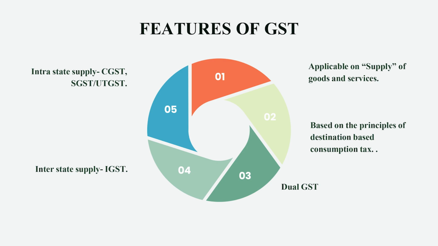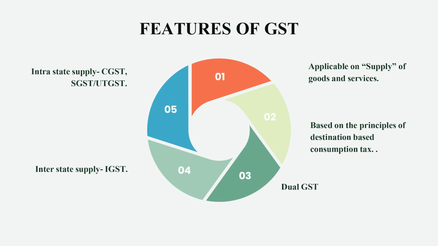Then if the same goods are supplied again to some other person in Tamil Nadu, the GST collected by Mumbai has to be given back to the central government, and the central government will give it to the Tamil Nadu government. This is how GST works. It is a consumption based destination tax. Ultimately, the state where the goods are consumed will earn the revenue from that transaction. That is called a destination based consumption tax.